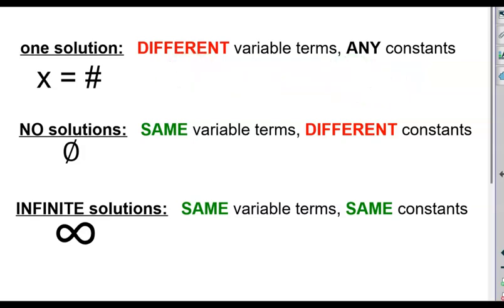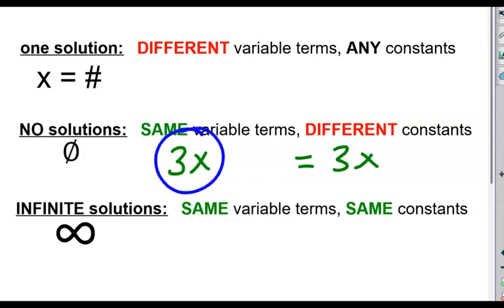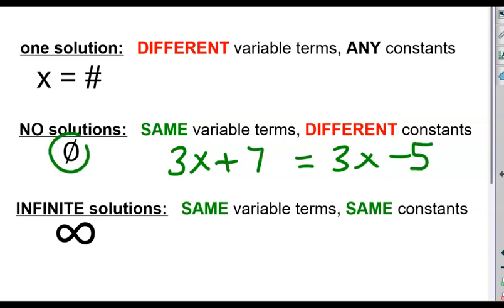Now sometimes your equation might have the same variable term on both the left side and the right side, like this. Both of these variable terms have coefficients of 3. Now, if the constants that come after those variable terms are different, say something like this, then that means that there would be no solutions.